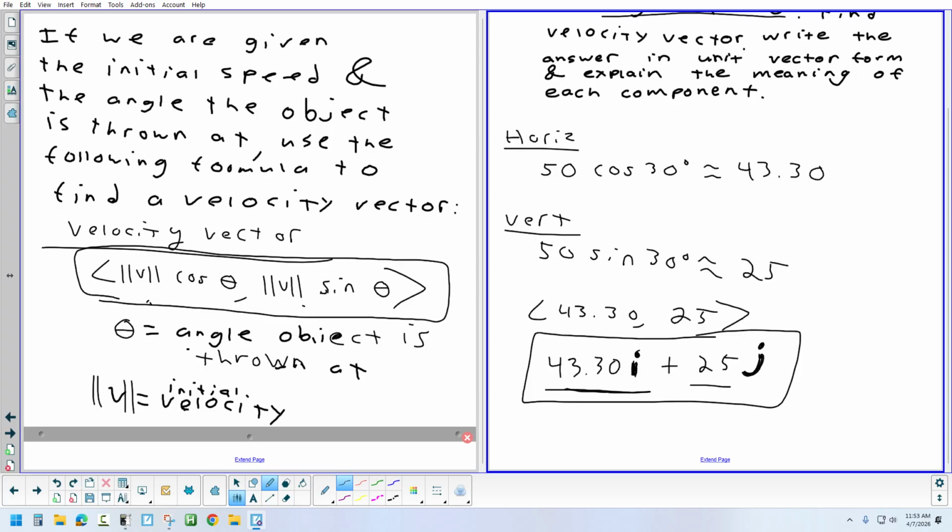Ignoring wind resistance, horizontal speed never changes from the time it leaves your hand to the time it hits the ground or whatever object it's going to hit. Horizontal speed stays the same all the time. Wind slows it down a very little bit, especially for an object like a baseball. It's not like throwing a piece of paper. Wind slows that down a lot. So that's the speed in the horizontal direction.